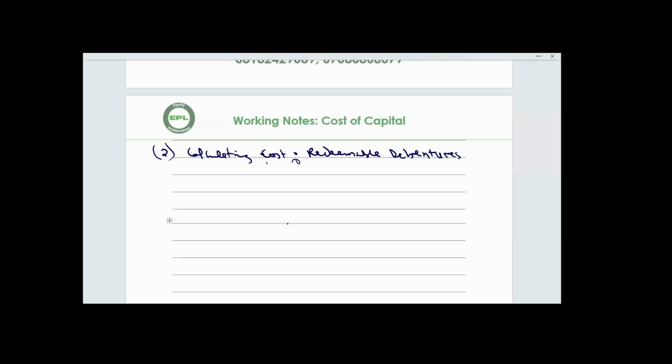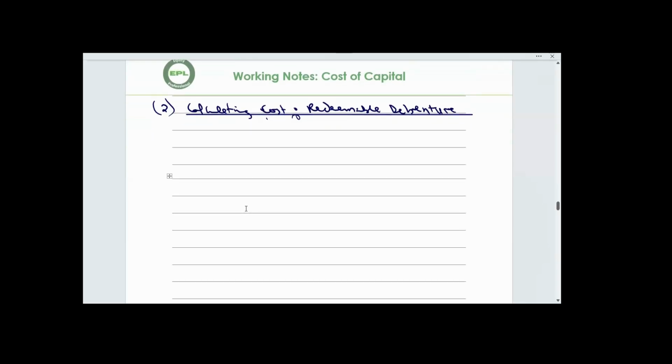Cost of redeemable debenture. When we were discussing the concept of cost of debt, I mentioned that redeemable debenture is calculated as internal rate of return. What are you supposed to do? There are 2 steps. Step 1, you assume 2 discount rates that will produce 2 opposing NPVs.